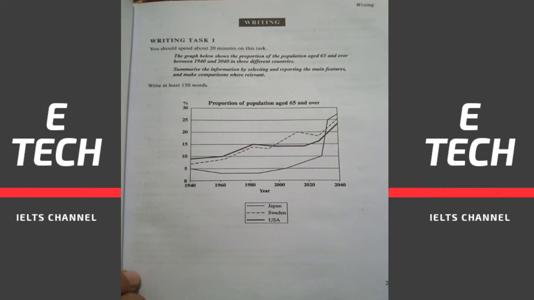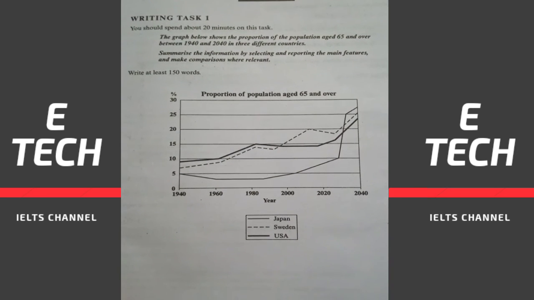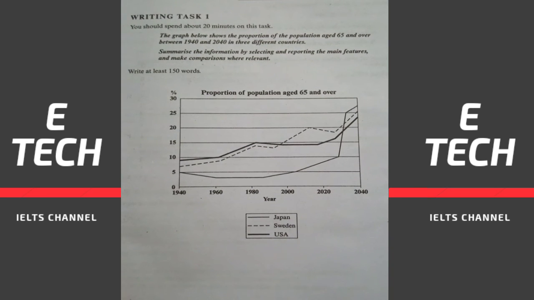Now the last part of the module is called the writing module. In reading, you have 60 minutes to find the answers to 40 questions, but in writing you only have 2 questions. Question number 1 asks you to write about 150 words about the graph which is given to you.